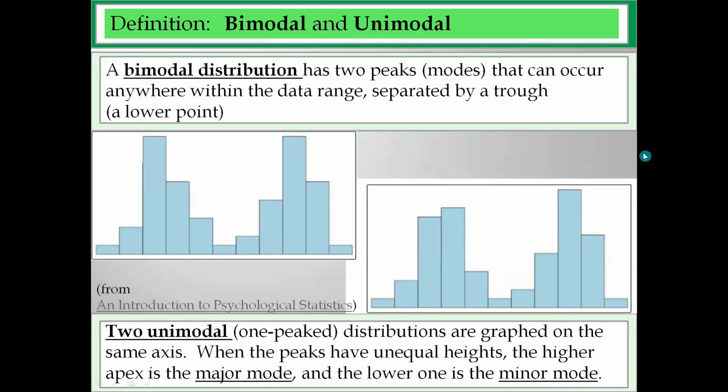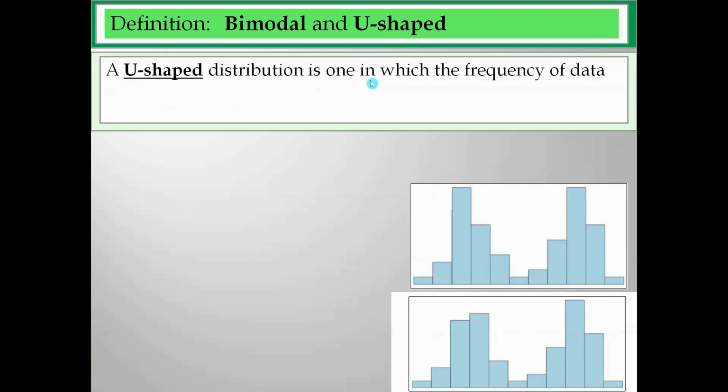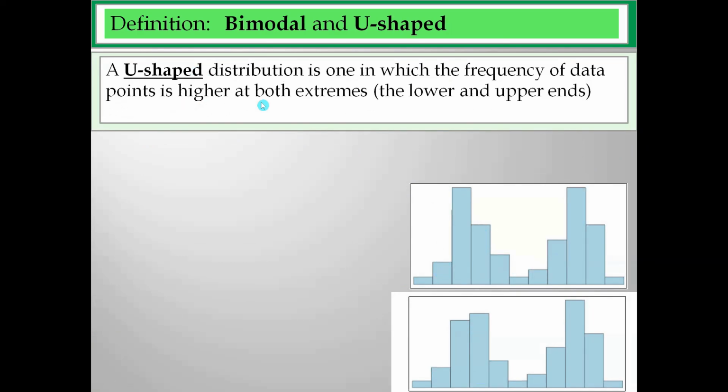We're going to continue with another bimodal and unimodal type of graph called a U-shaped graph. A U-shaped distribution is one in which the frequency of data points is higher at both extremes, the lower and upper ends, and lower in the middle.